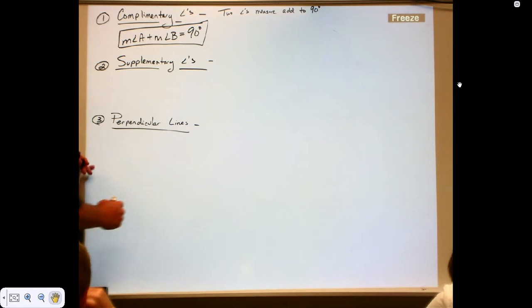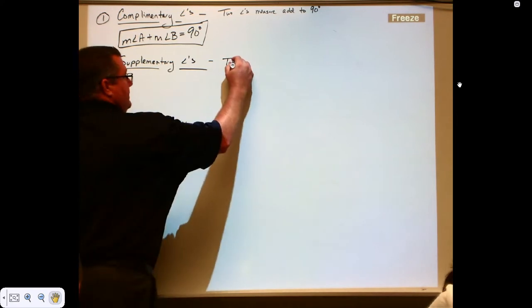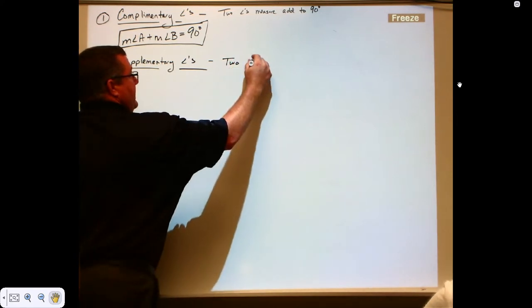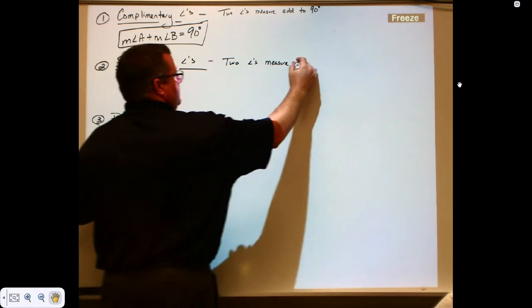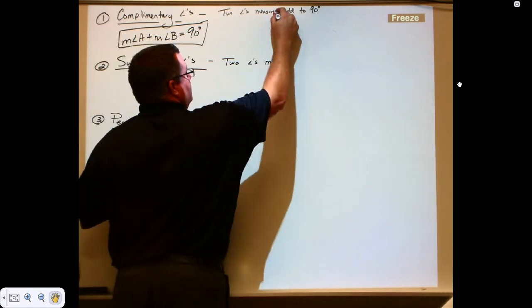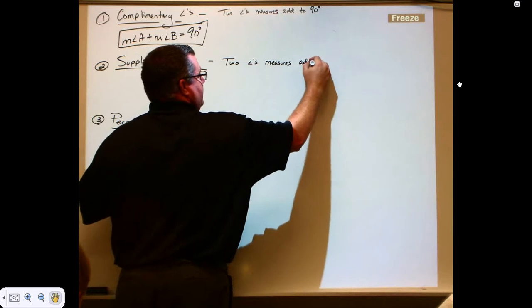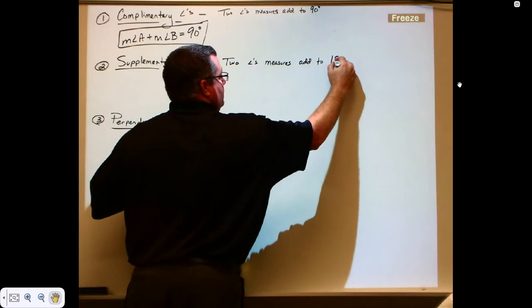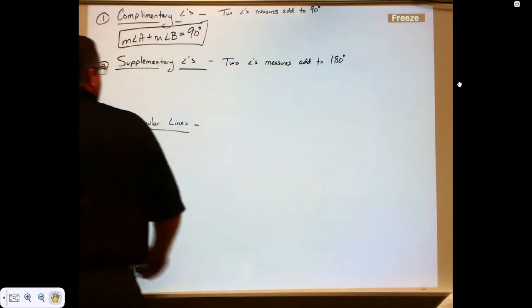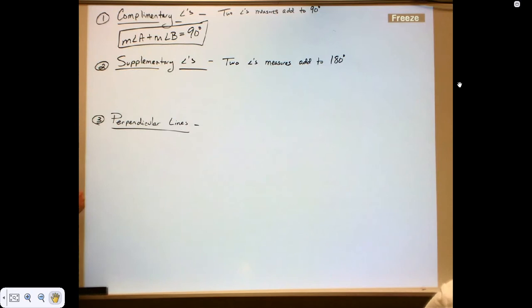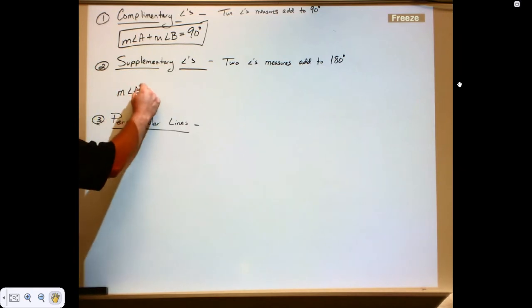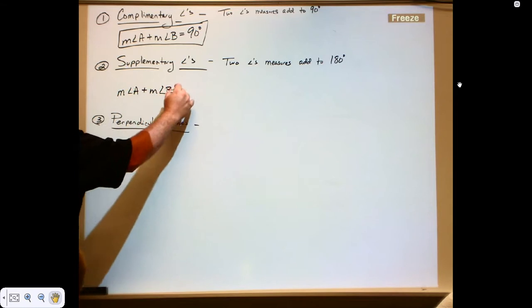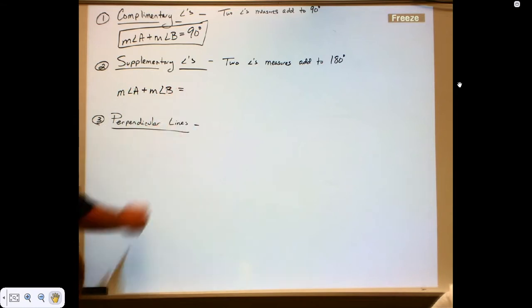Supplementary angles. Very similar. That's when two angles' measures add to 180 degrees. So when two angles are supplementary, the measure of angle A plus the measure of angle B, for them to be supplementary, what does it have to add to?